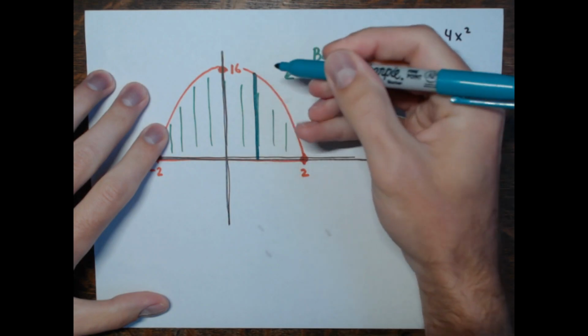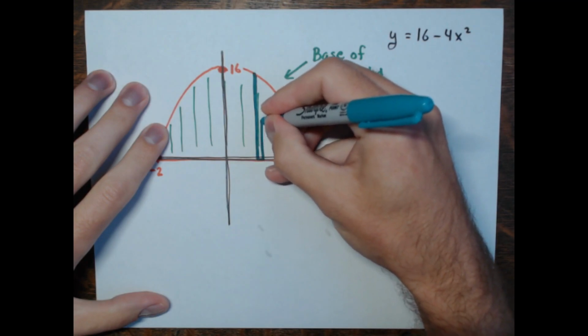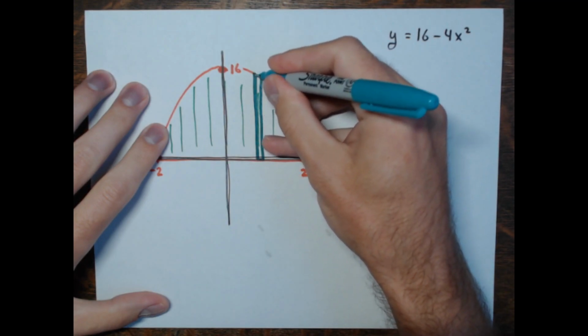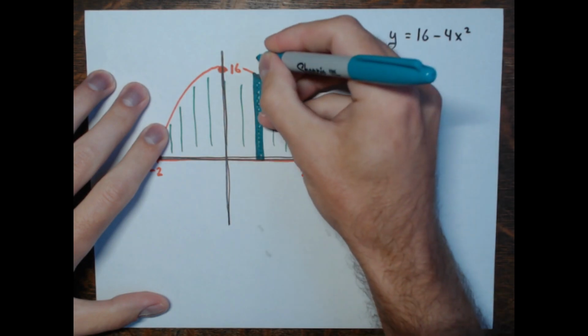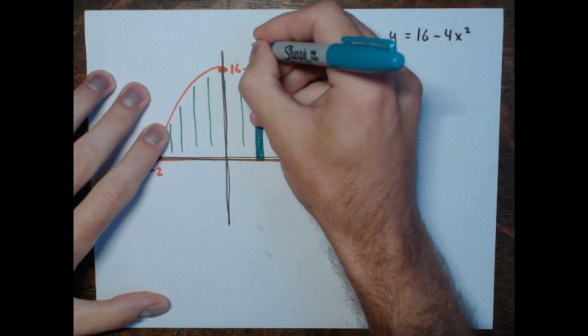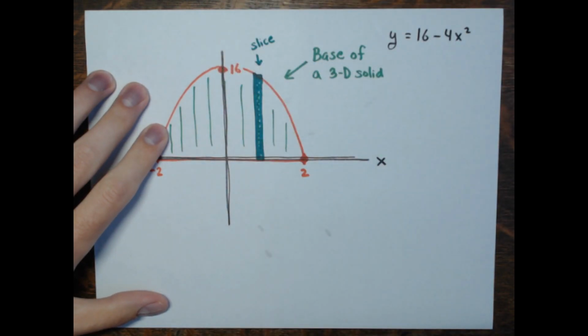And what I'm going to do is envision this slice as a thin rectangle, a very, very thin rectangle. All right, so here's a slice that's perpendicular to the x-axis.